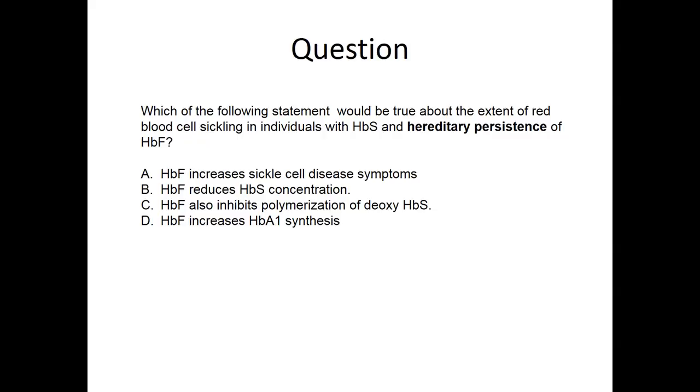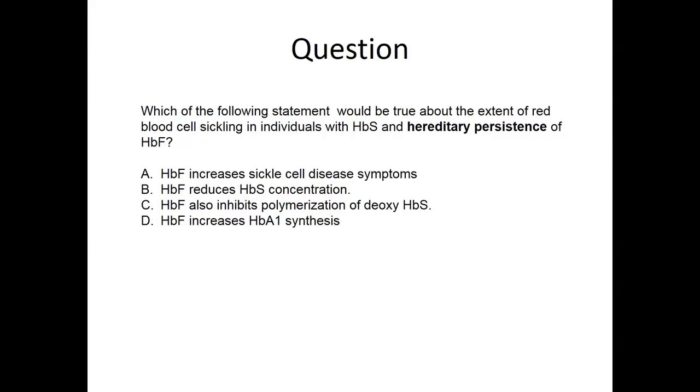So if you have a persistent hemoglobin F beyond 9 months, in an adult, that can only be beneficial to you. Because if you look at the pathophysiology of hemoglobin in sickle cell, the beta subunit is the one with the mutation on it.